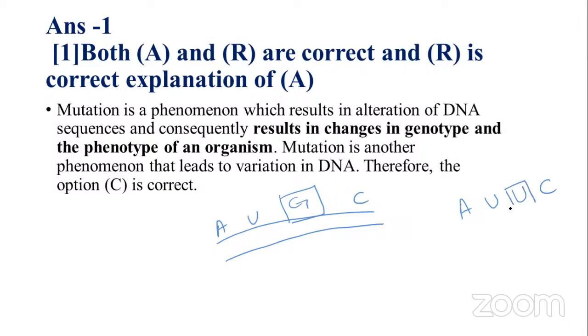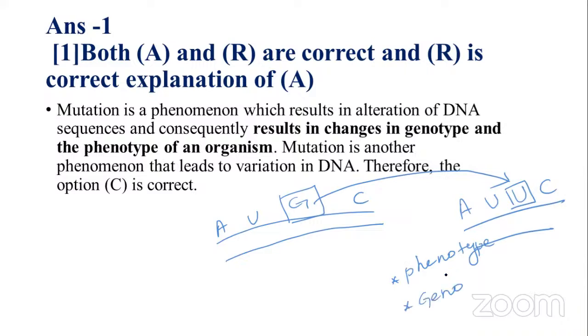Instead of this one, it changed into like this. So what happened to the phenotype as well as the genotype? Phenotype and genotype also change. Why? Because the change occurs in the nucleotide or DNA sequences, so it will happen.